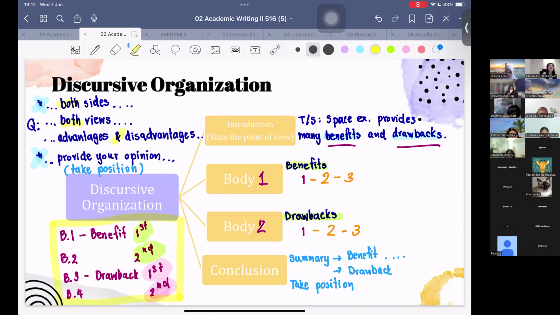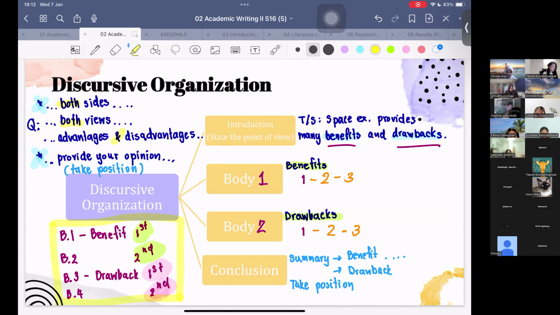Your thesis statement will follow the structure of benefits and drawbacks. It's not going to be benefits only or drawbacks only. You need to write both.